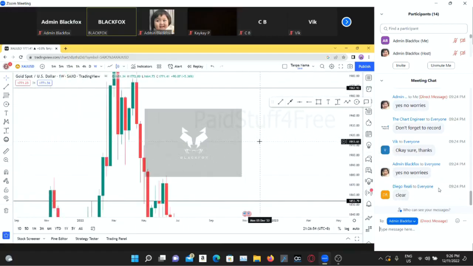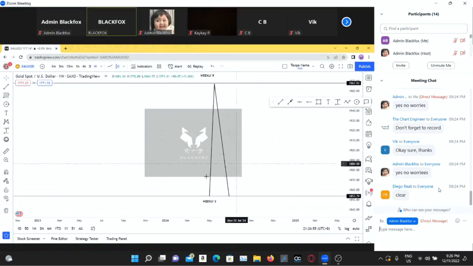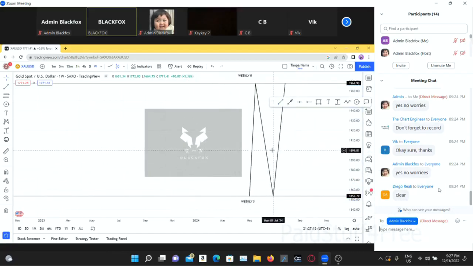From support to resistance, finish at resistance, the price will find support. Finish at support, the price will find resistance. This is the script.